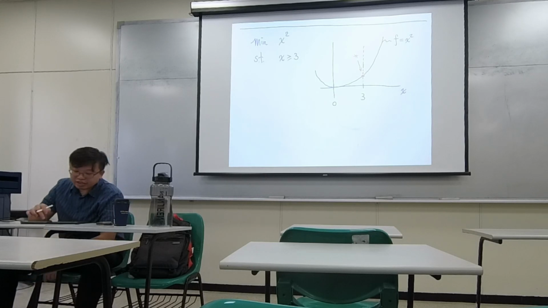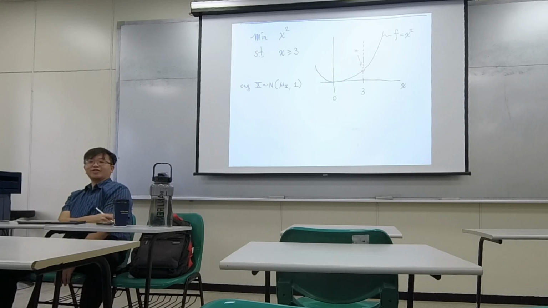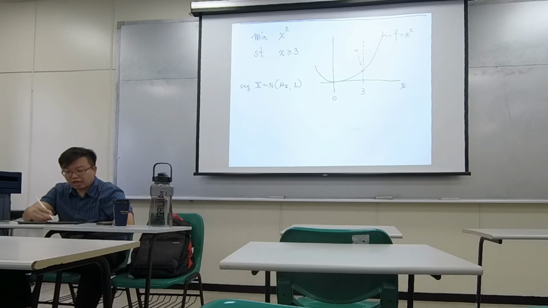But if you are handling the problem in a different way, let's say x now is a random variable. So the only difference between the original one and the new one is it has some kind of uncertainty, normally distributed, and the mean value is like this. I will just say the standard deviation is a value of 1. So right at the optimal solution, if I make a drawing of the random distribution, it will look like this.